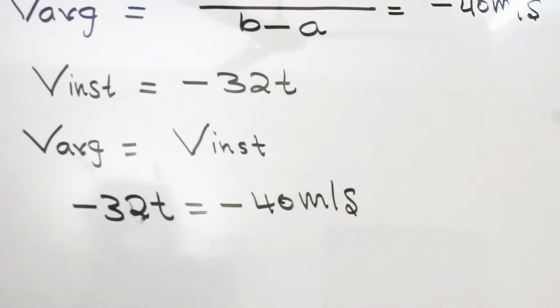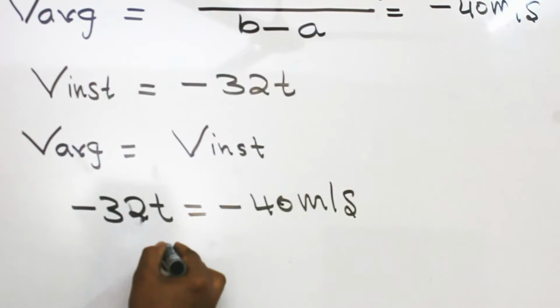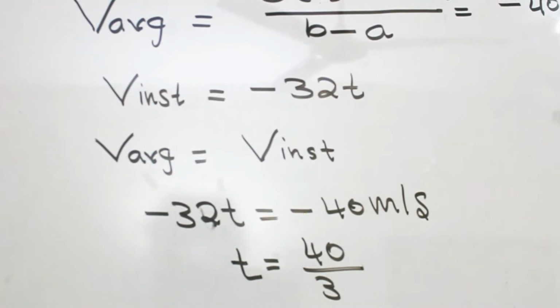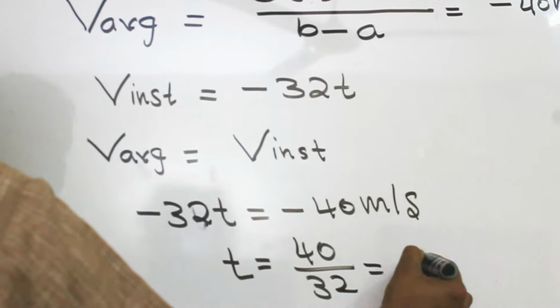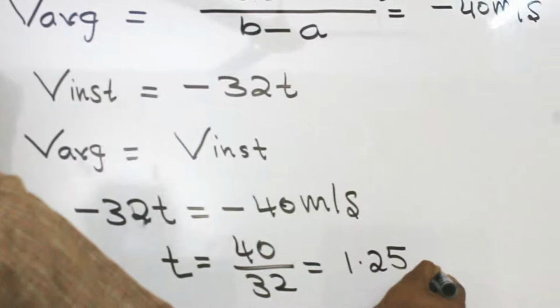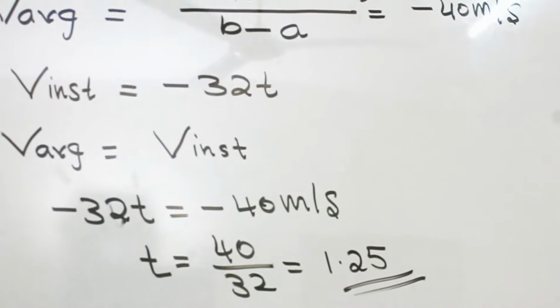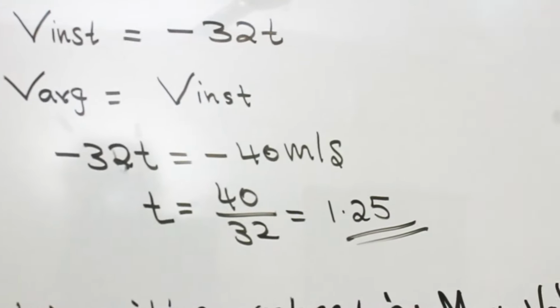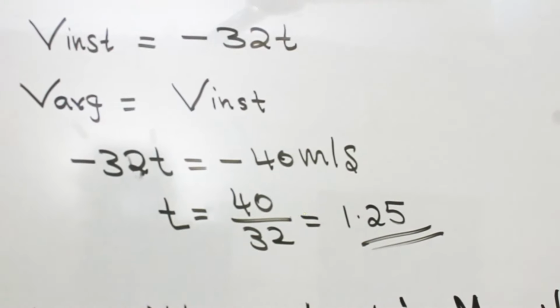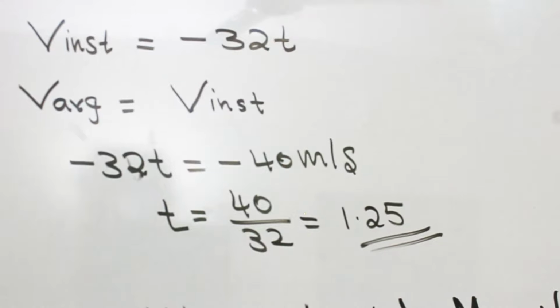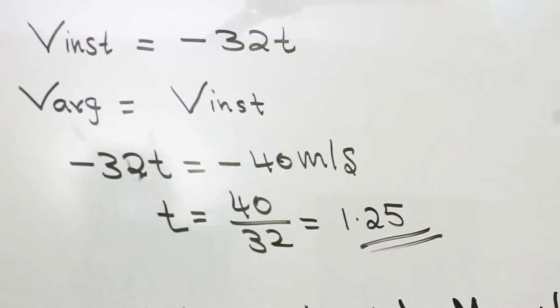The minus signs cancel, so t is equal to 40 divided by 32, which is 1.25. So 1.25 is the time guaranteed by the mean value theorem when the instantaneous velocity is equal to the average velocity.